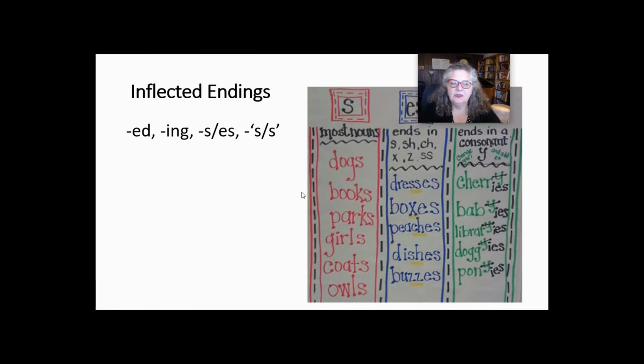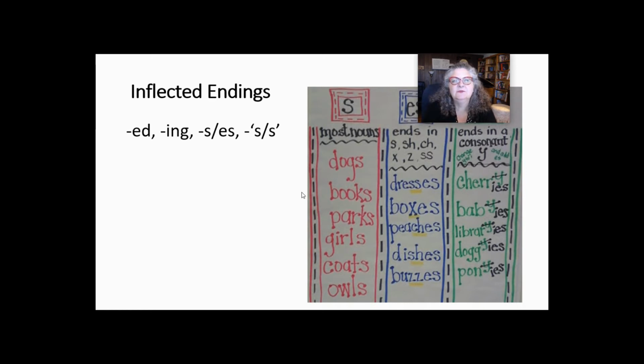Okay, now, the other thing that we can add to bases are inflected endings. Now, inflected endings are not suffixes. They're a little different. They are parts of a word, a little morpheme, a little meaningful chunk that you can add to a word, but it doesn't change the meaning of the word as much as it changes its tense or possession.